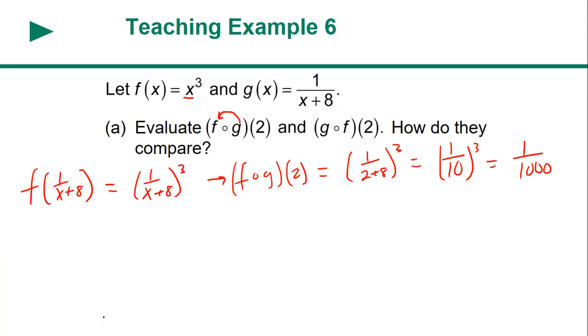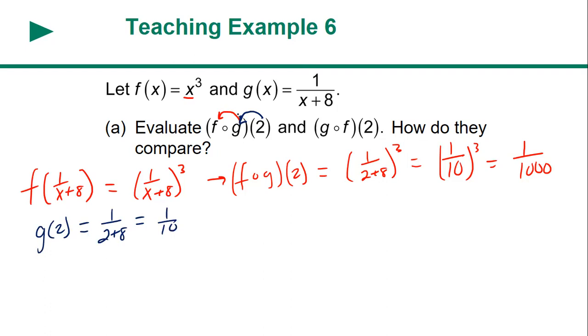The other way to solve it is to evaluate in parts. The first thing you're going to do is plug in 2. You're working from right to left. So I'm going to plug 2 into g, so I'm going to find g of 2. Well, g of 2 equals 1 over 2 plus 8, which equals 1 over 10.